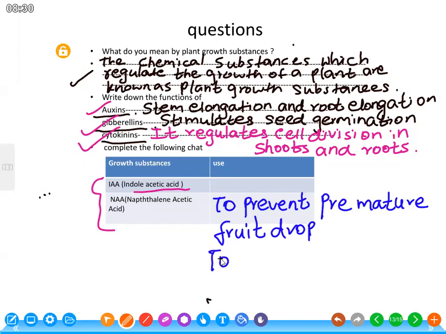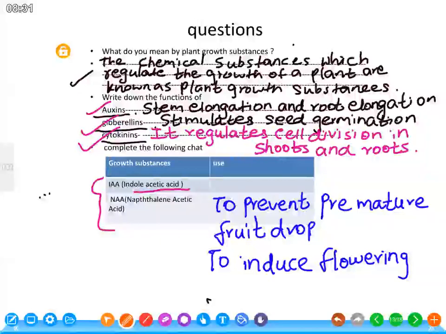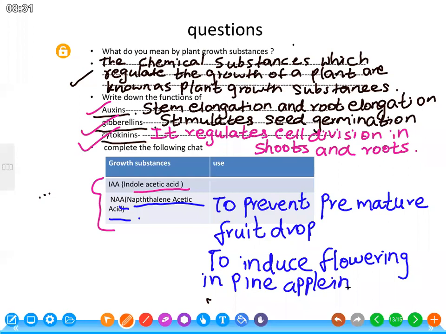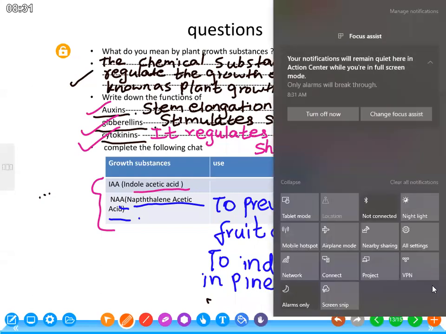Then to induce flowering in pineapple in off seasons. Okay. Right.